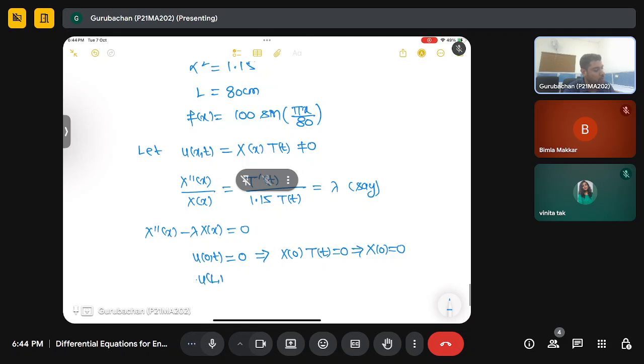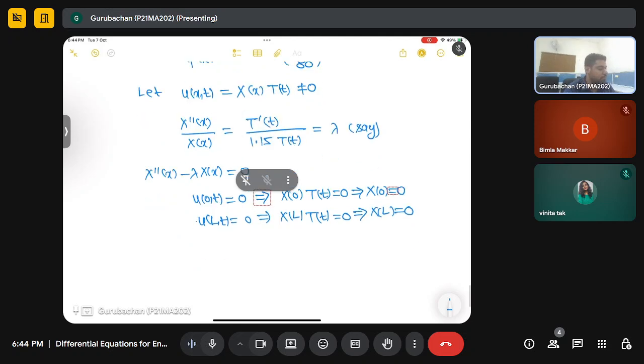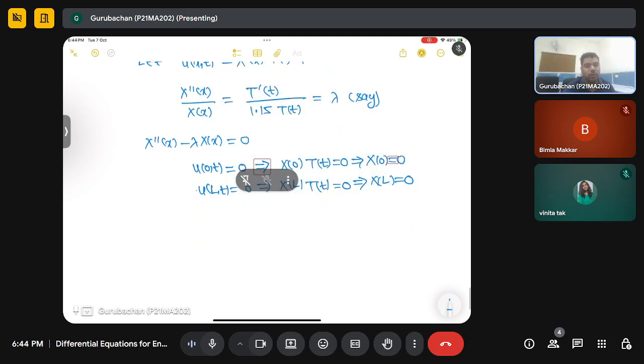Similarly, because T(t) cannot be 0 for all t, since we are trying to find a non-trivial solution, X(L) is 0. So this is your Sturm-Liouville system for which you have to divide the cases. First of all, you can try it here in the same way that we have done in the previous question, then we will discuss it.